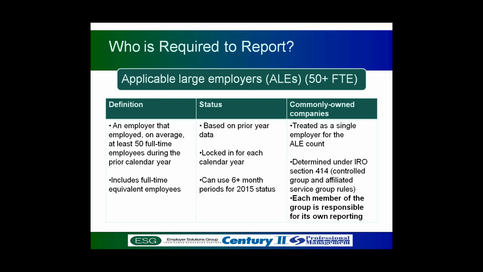Again, if you are part of a control group, that filing can be done separately at the separate FEIN entities, and you will simply list the other members of your control group so they are on the consolidated 1094 filing.